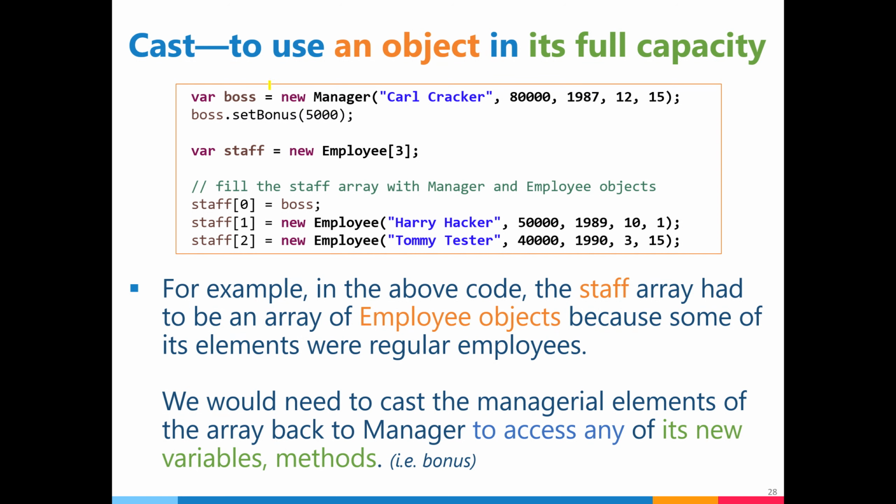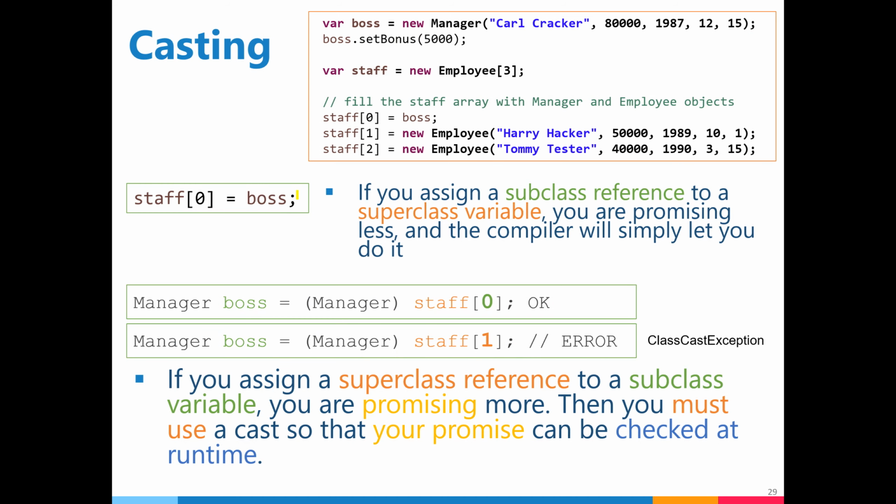So if you want to use an object in full capacity, you need to cast it. This is not recommended, but there is a way to do that. For example, in the above code, the staff array had to be an array of Employee objects, right? Because some of the elements were regular employees, we would need to cast the manager element of the array back to Manager to access its new variables, methods, etc., or bonus in this case.